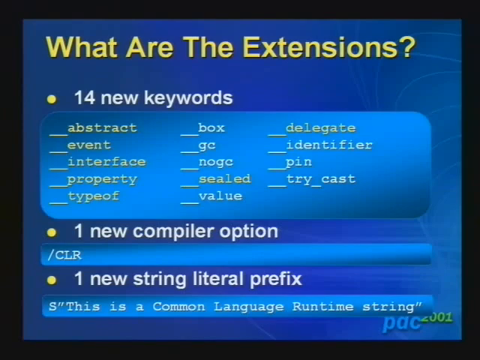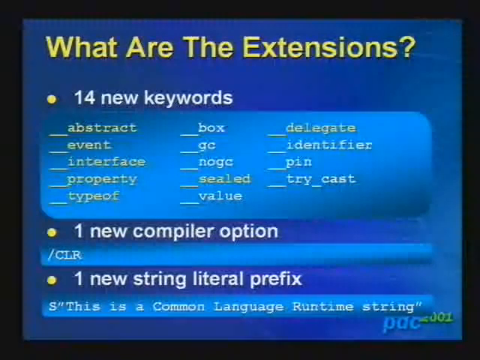One of the other illustrations of a keyword is the box keyword, which immediately brings me to explaining some of the fundamental philosophy differences between a language like C#, which also has a C or C++ inheritance, and a language like managed extensions to C++. Managed extensions to C++ have tried very hard to keep true to all the aspects people use C++ for. And one of those aspects is being very explicit.